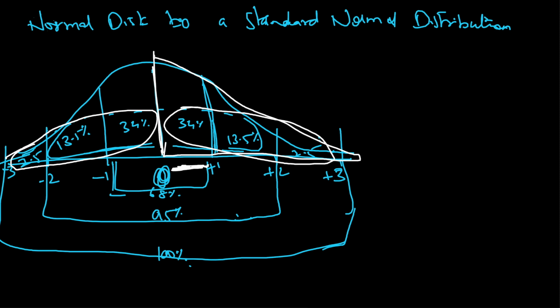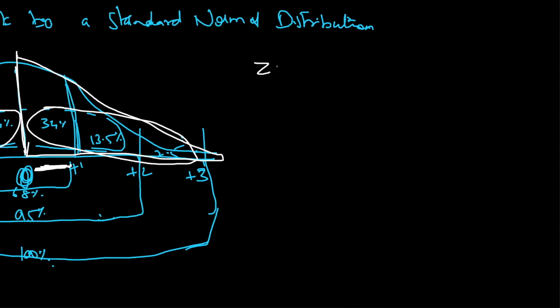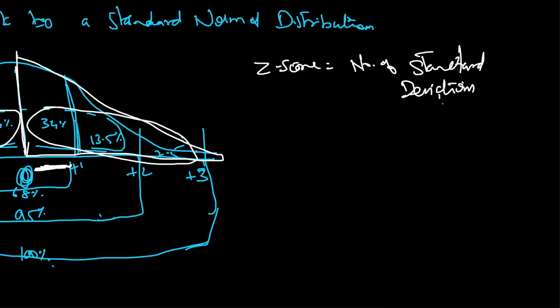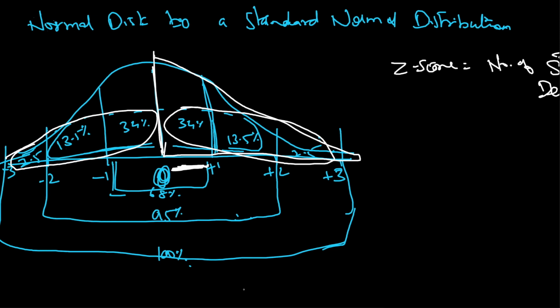Then Z score will tell us the number of standard deviations. Say for example, here it is 2. The Z score is 2 over here. That means from the mean, it is 2 standard deviations away. So this is the Z score.